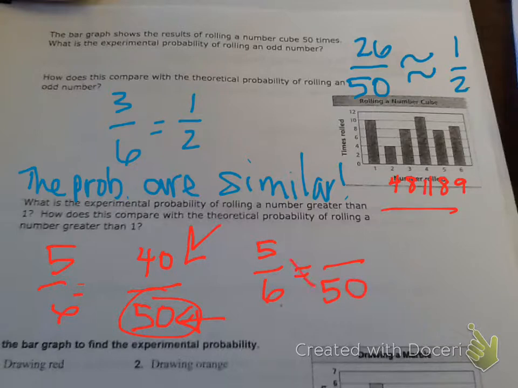So 5 times 50 divided by 6 gives us almost 42.